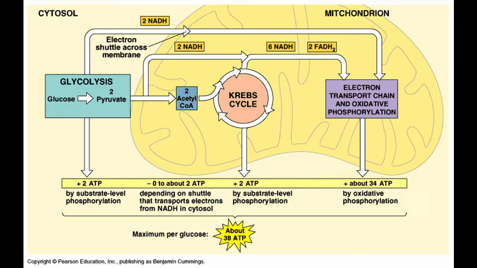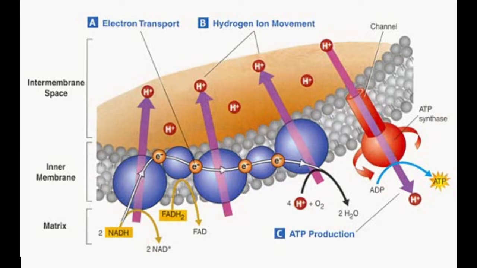The NADH and FADH2 molecules produced from glycolysis and the Krebs cycle will then be used by the electron transport chain. The electrons from NADH and FADH2 will be released into the electron transport chain. It will then attract hydrogen ions from the matrix of the mitochondria into the intermembrane space.